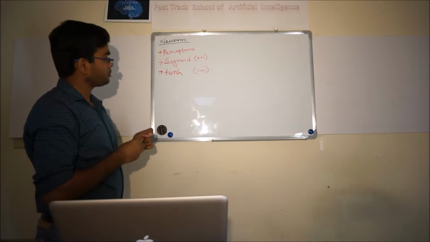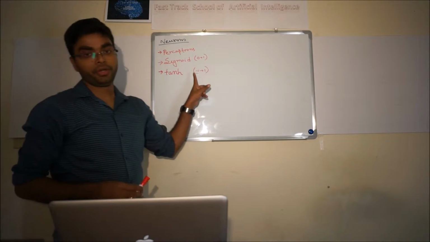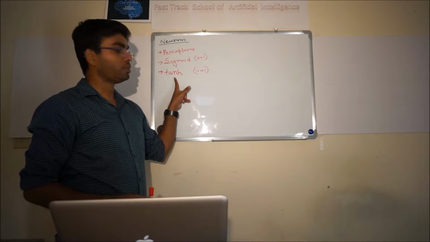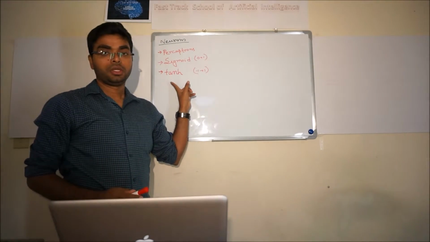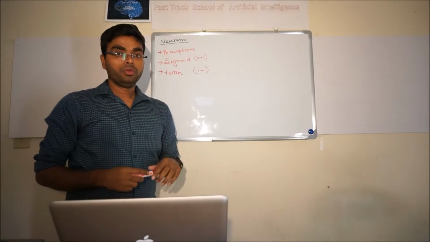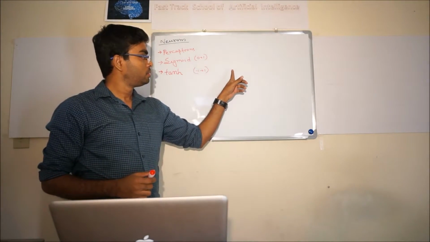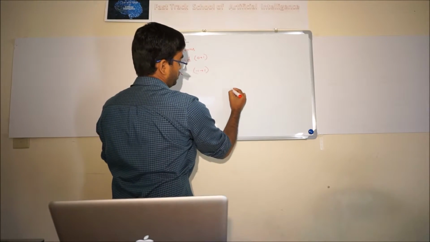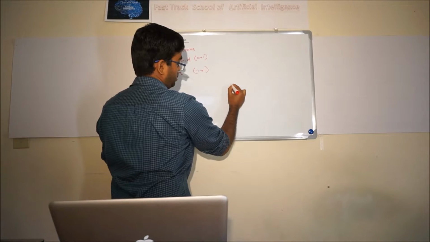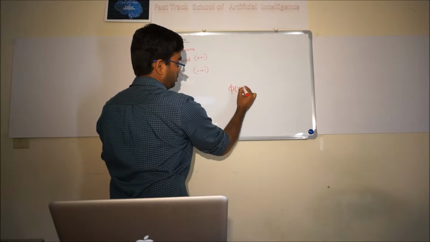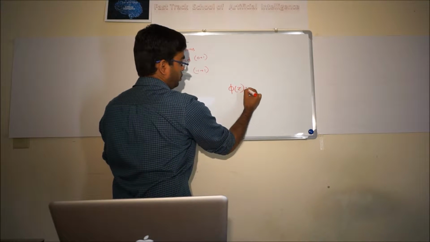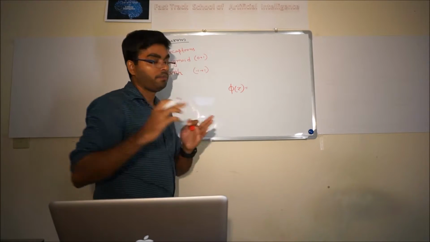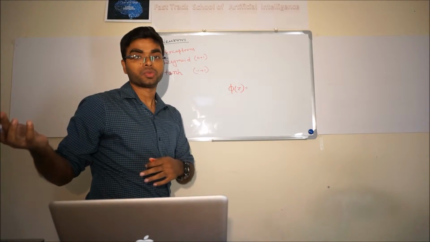Just writing it down for your reference. In this particular neuron, the output value from the activation function will range between minus 1 and plus 1.